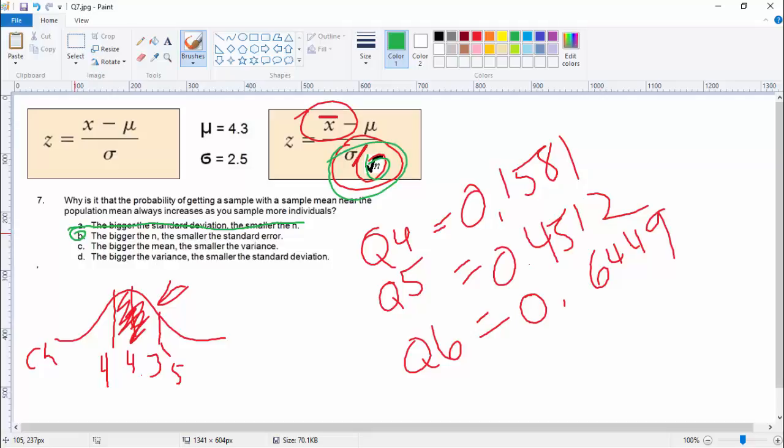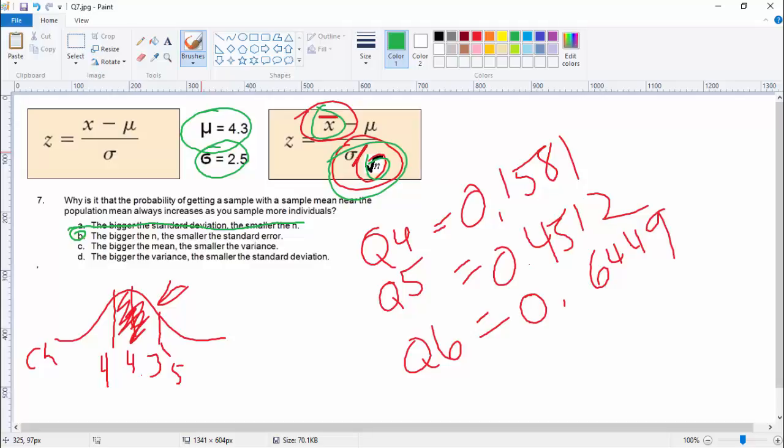But I just want to point out the dumb answers, like answer C: the bigger the mean, the smaller the variance. This is a sample mean, right? And the population standard deviation is this, and if you take that and multiply it by itself, you get the variance.